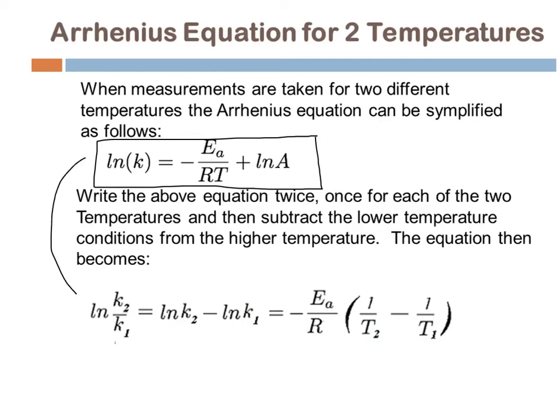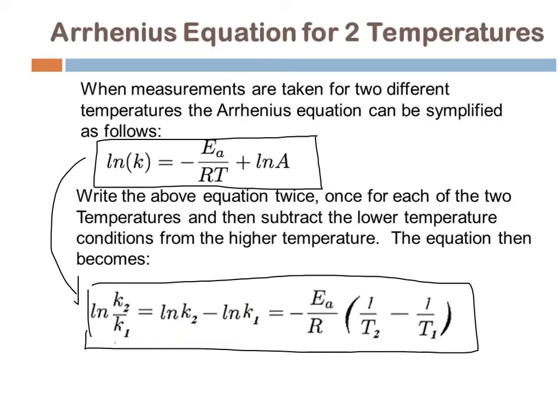You don't really need to worry about how we get this new equation, but it's going to be ln of K2 over K1, where K2 is the rate constant at the second temperature and K1 is the rate constant at the first temperature. That's equal to negative Ea over R times 1 over the second temperature minus 1 over the first temperature. This is a way to figure out the activation energy without graphing the relationship.